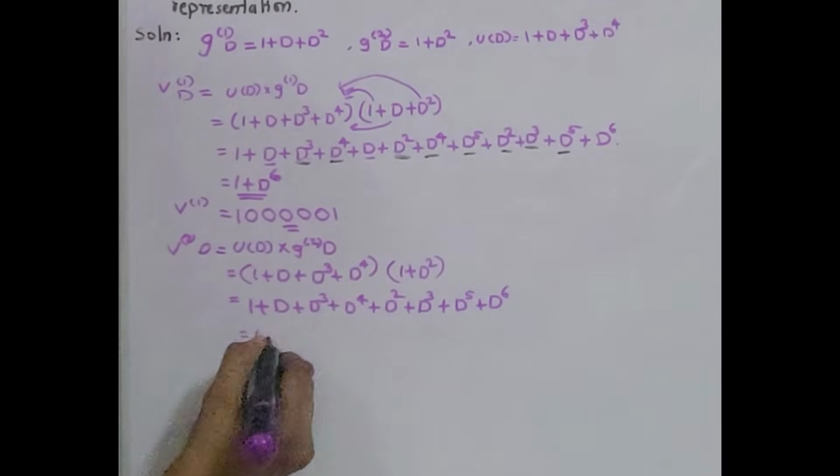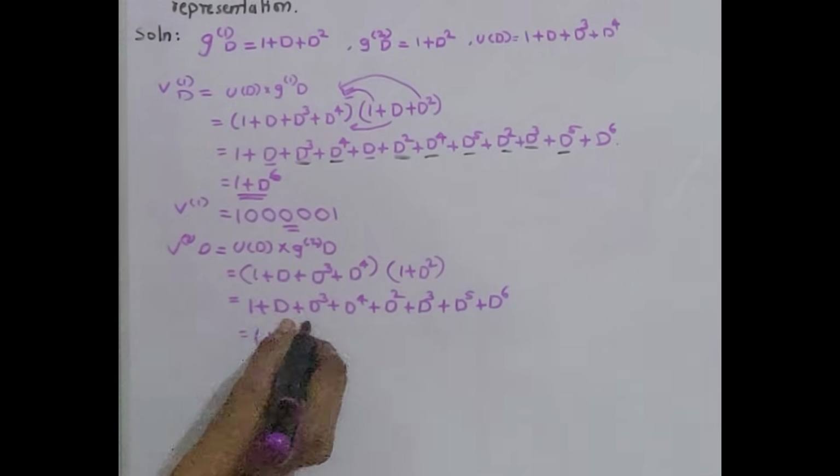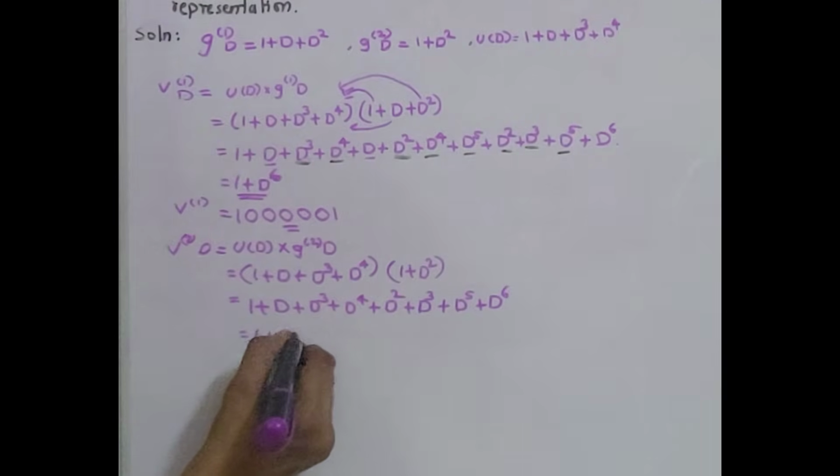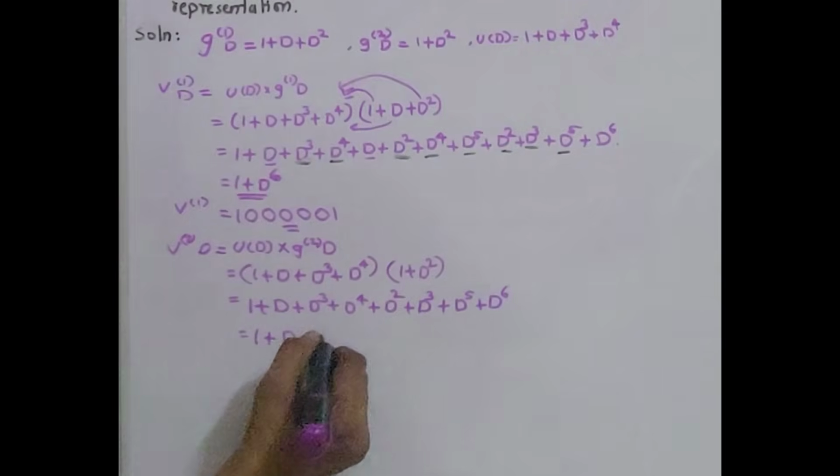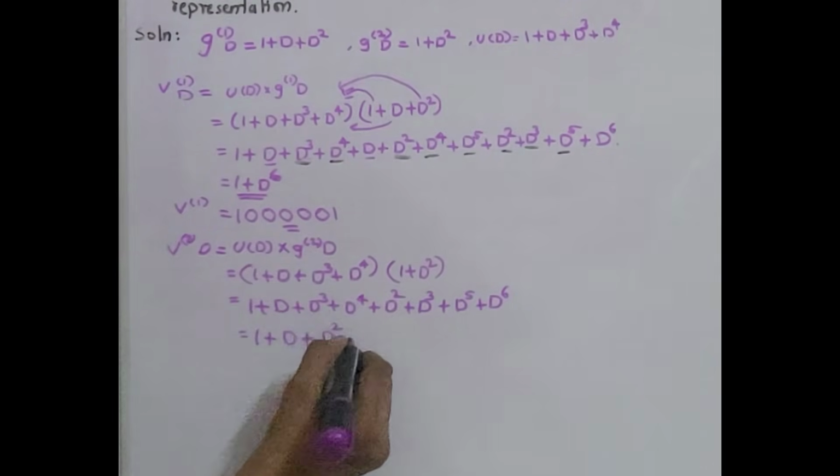Then we have 1 plus d. We have 1 d here, so we can write d as such, plus d square. We have 1 d square, so we can write d square.